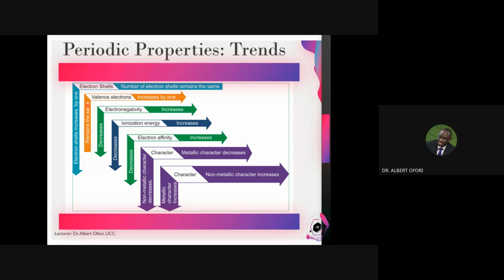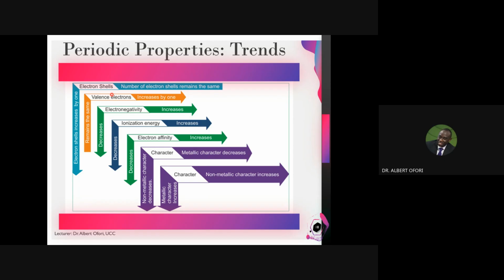So across the period the number of valence electrons is increasing, but down the group the number of valence electrons remains the same. If I take group 1, all the elements in group 1 will have the same valence electron, 1 each, but their energy levels for possessing that one are going to be changing. So we should just note that.